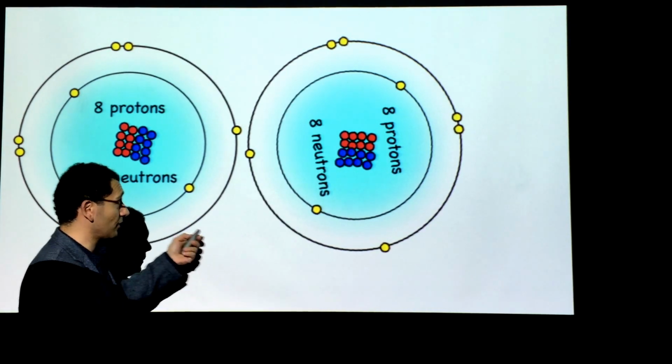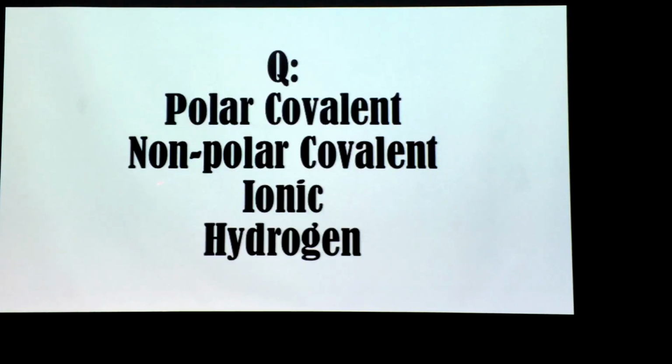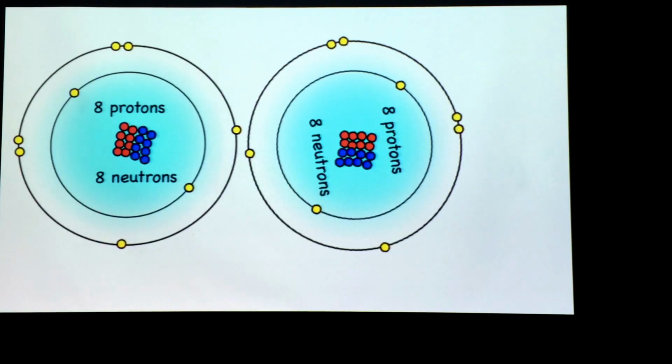So all you have to do is add up the number of protons over here, and if they're the same as the protons over here, then they will pull on the electrons equally. So this molecule, O2, is a non-polar covalent bonded molecule. Non-polar covalent bonding.